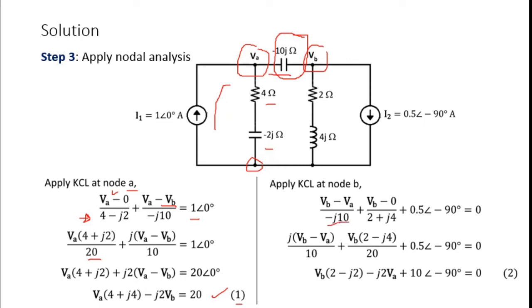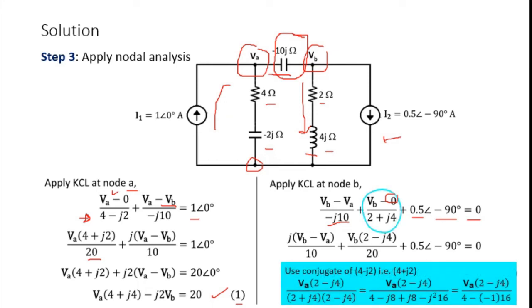And then for the next branch, you have VB minus ground, which is 0, over 2 plus j4, the resistor in series with the inductor, plus the current from the source I2, which is 0.5 angle of minus 90 degrees.